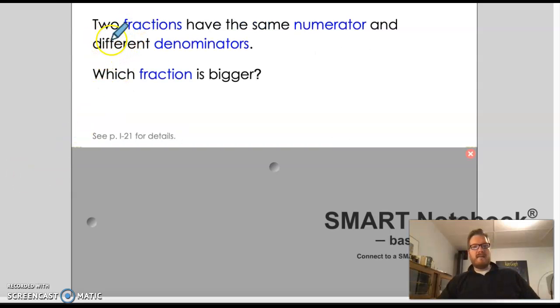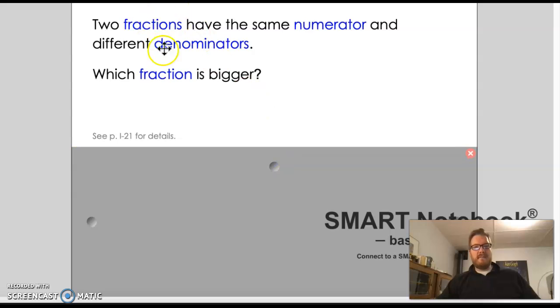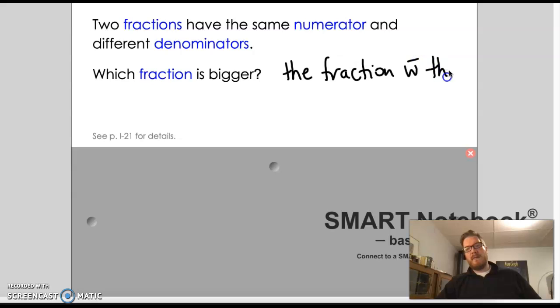So what I say then is that if two fractions have the same numerator and different denominators, which fraction is bigger? I say that the fraction with the smaller denominator is the bigger fraction.